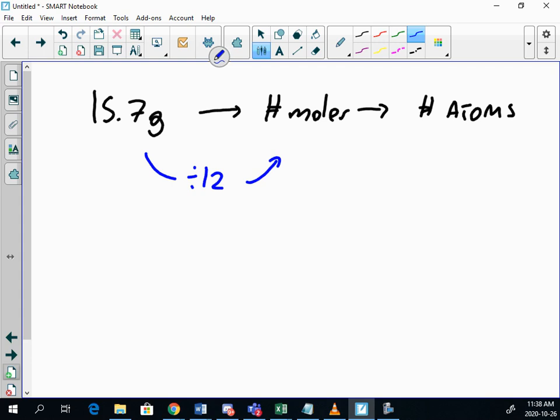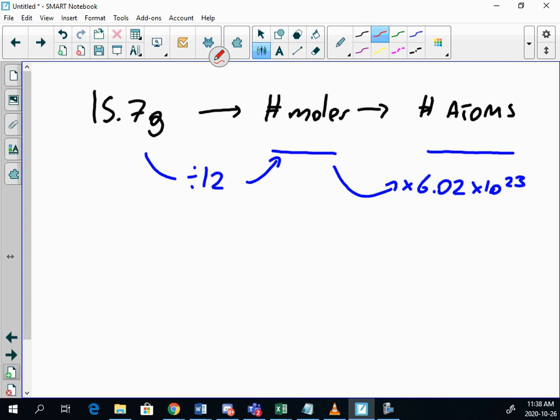There are 12 grams in a mole of carbon-12. So if I take 15.7 and divide by 12, I'll get my number of moles. Then I'm going to take that and multiply by 6.02 times 10 to the 23rd. Each mole has 6.02 times 10 to the 23rd atoms, so we can multiply to find our final number of atoms. I'll leave these actual calculations to you because I think you could use the calculator for practice.